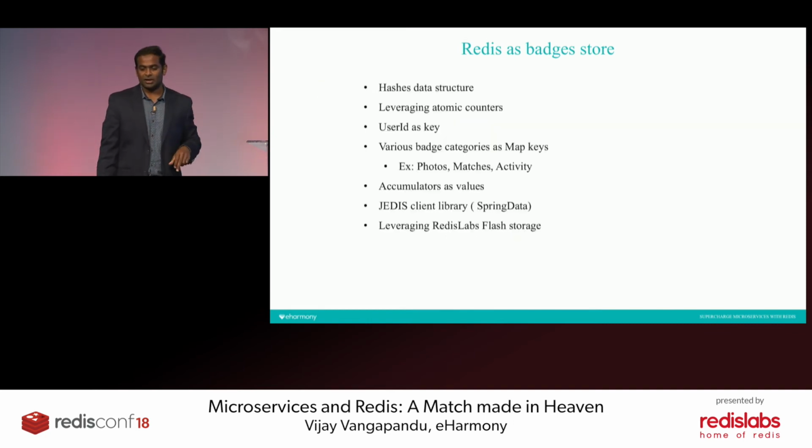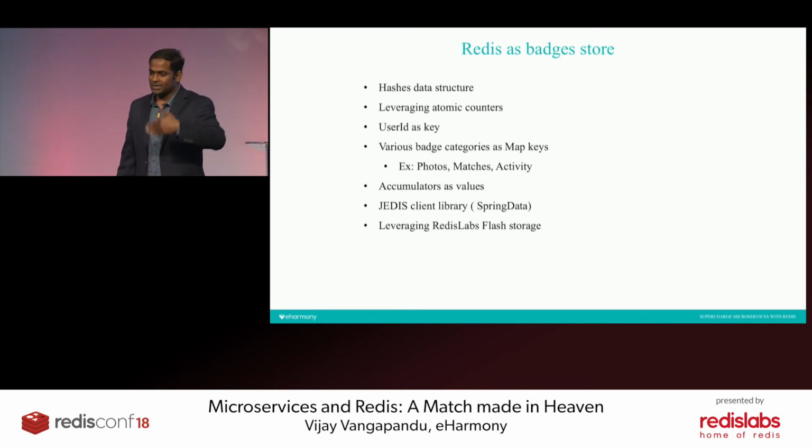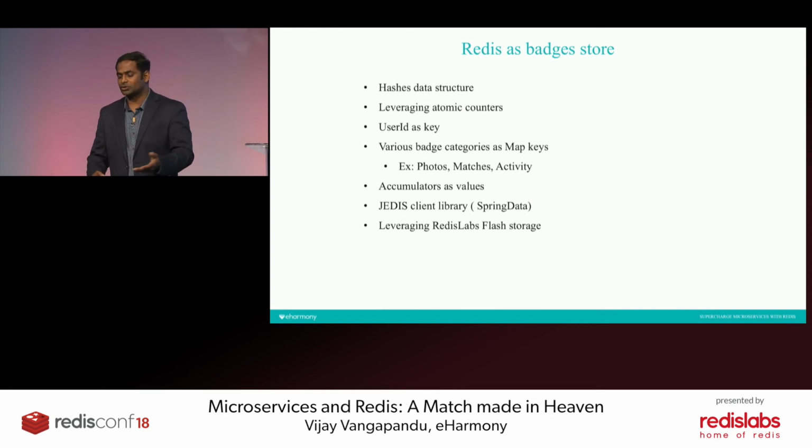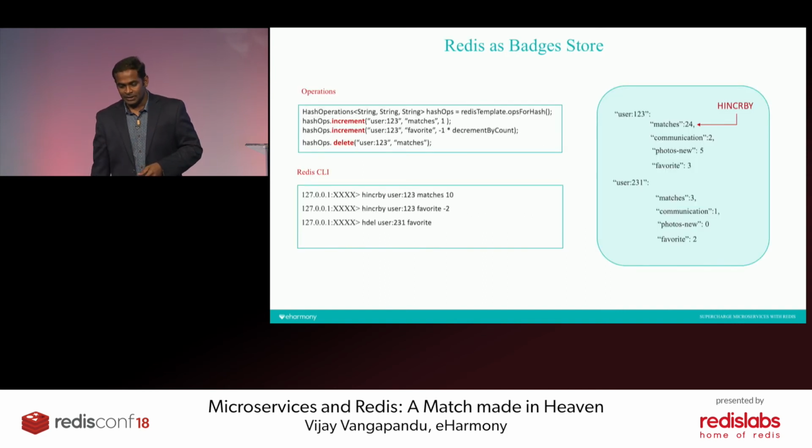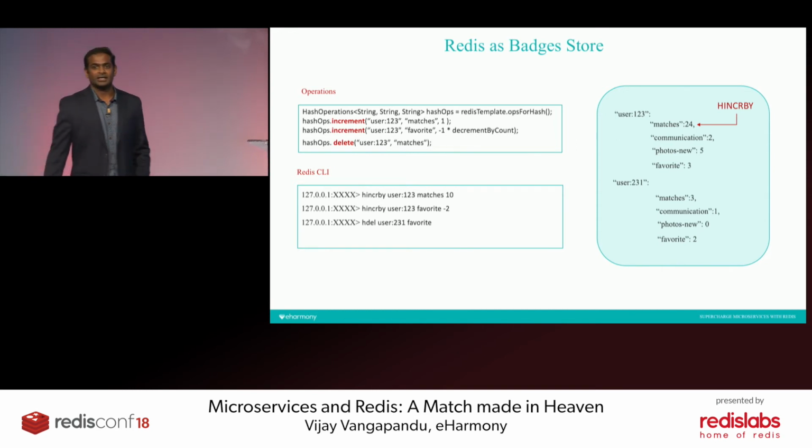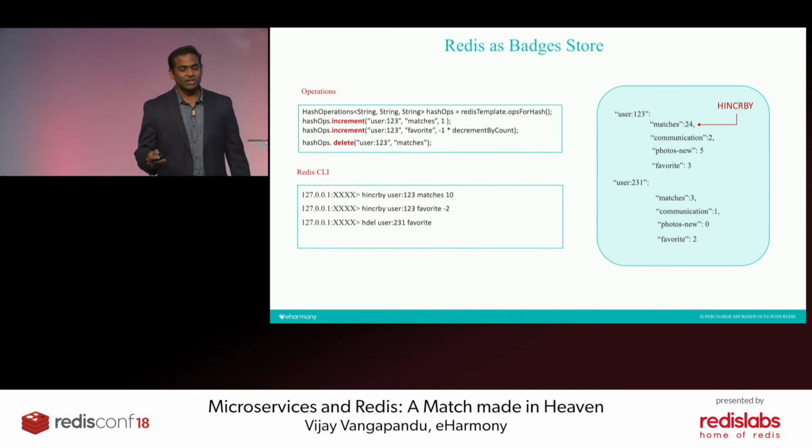Again, we leverage Redis for that. It's a Redis hash. You have the key as user ID, and then the secondary key, which is a hash key. Those are the different sections of your badges, like photos count, matches count, activities count, like that. Here, the interesting thing to notice is HINCRBY.